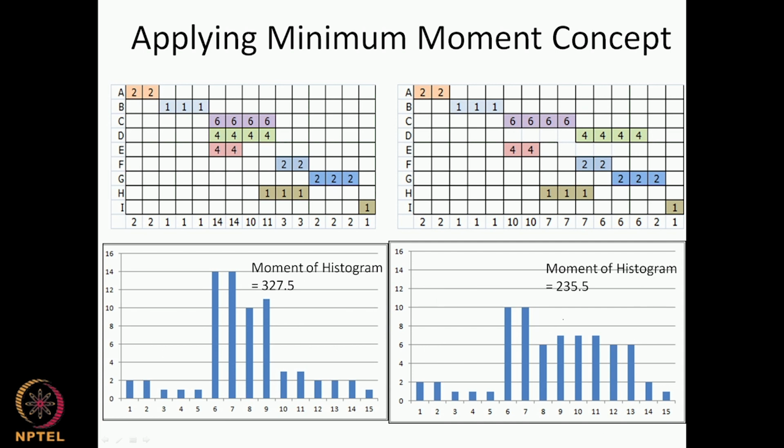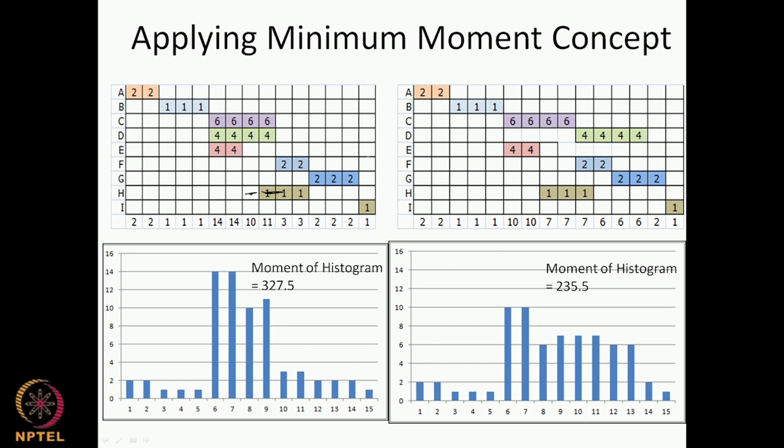So when we look at applying the moment again, here is the earlier example. Now this is a slightly different histogram than the early start. You will see that activity H has moved by 1 here.